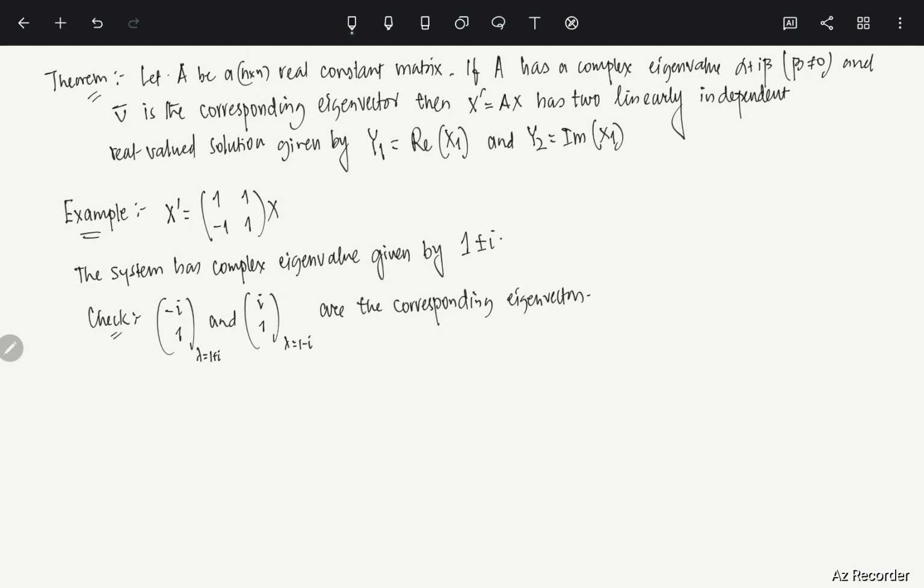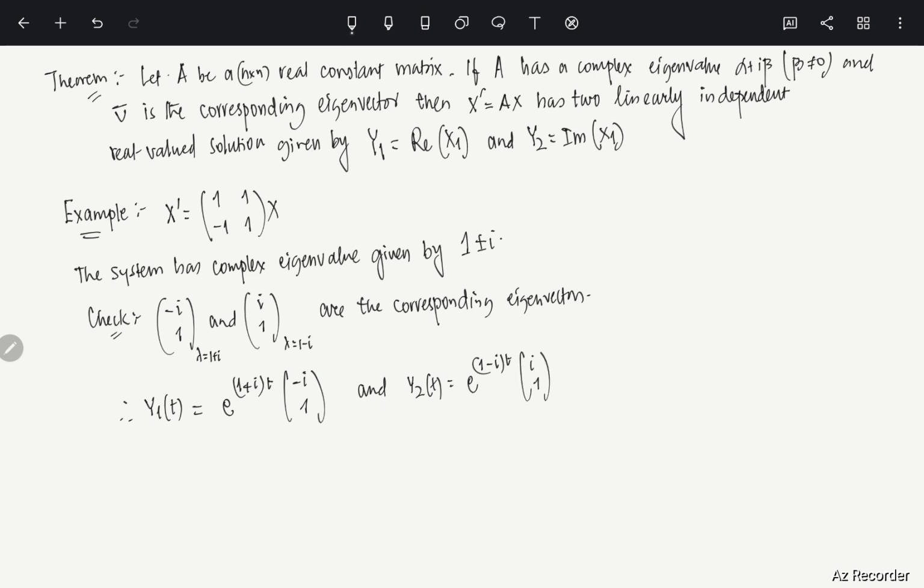Once you have this, what are the solutions? So basically, what is y1 of t? y1 of t is nothing but e power 1 plus i of t times minus i, 1, and y2 of t is again e power 1 minus i of t, and corresponding to 1 minus i, it is i and 1.